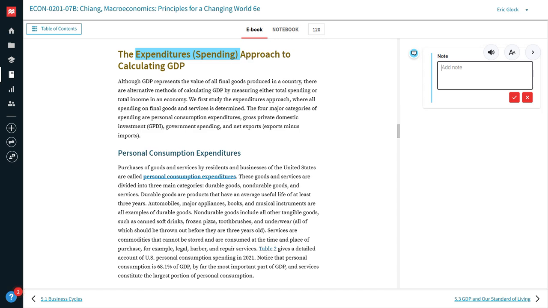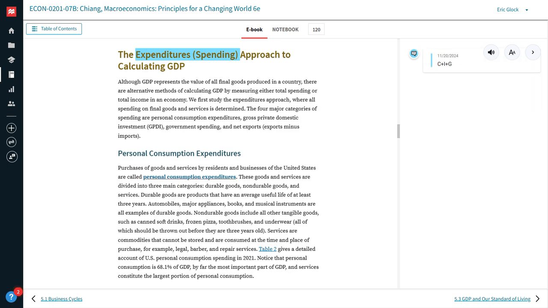It's just going to be C plus I plus G, right here.